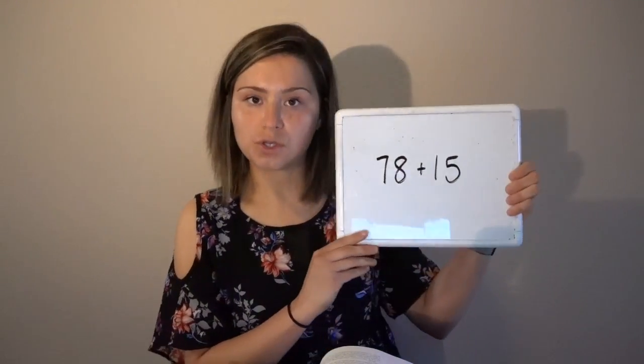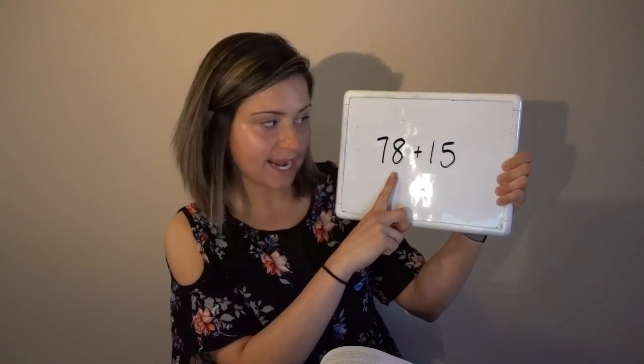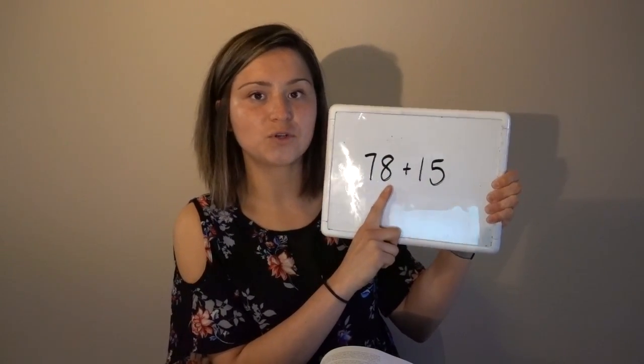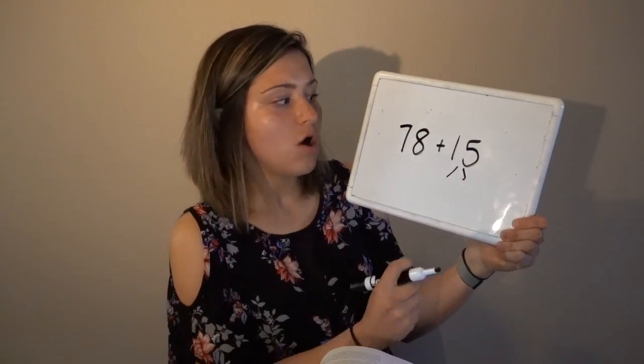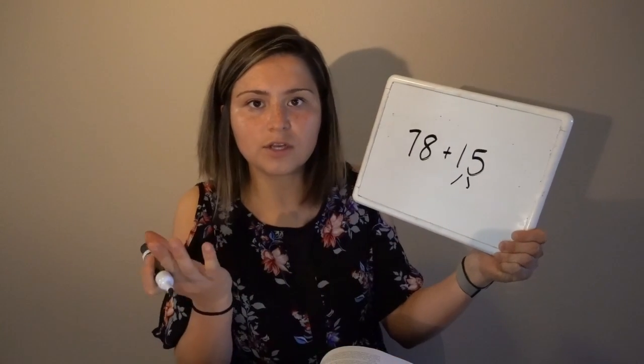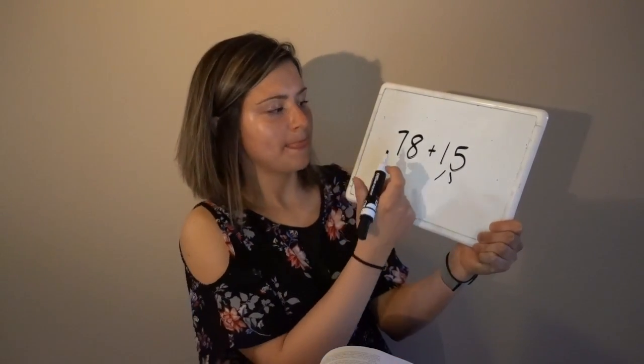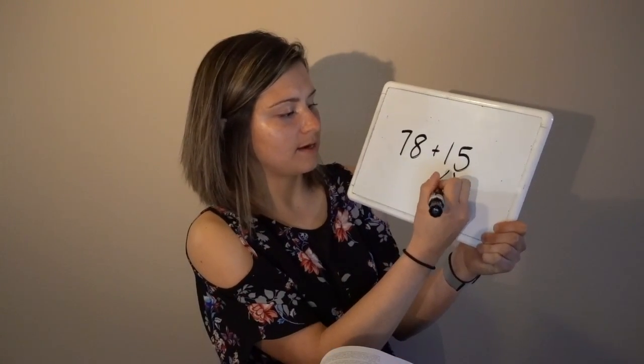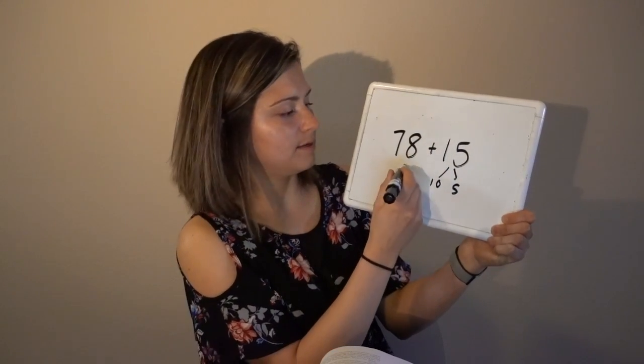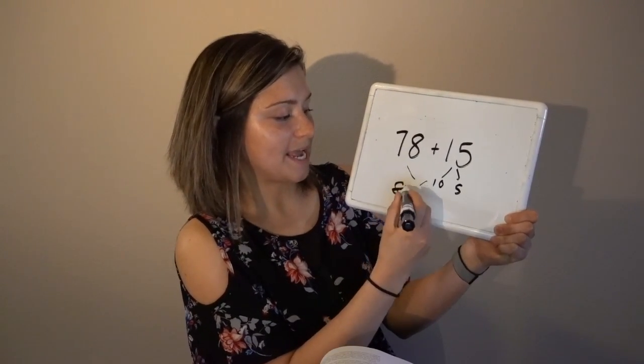All right, this next equation, both addends have 2 digits. Our focus is to find a place where we can make a friendly number. With the addend 78, I know 78 is very close to a friendly number. We want to get to those numbers that are easy to work with. So let's start decomposing our 15. Although I know this is made up of a 10, let's think of it in another way. If I did 78 plus 10, that would equal 88.